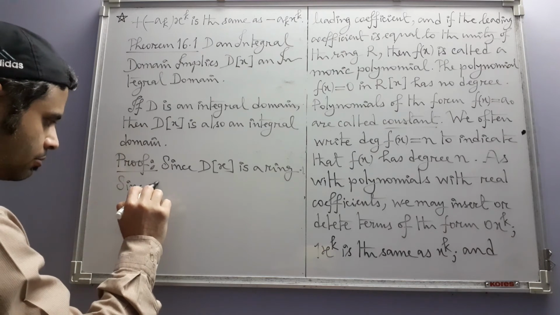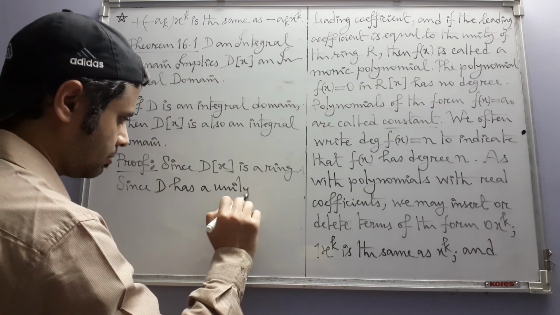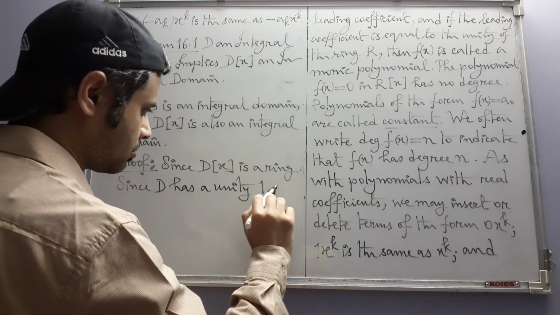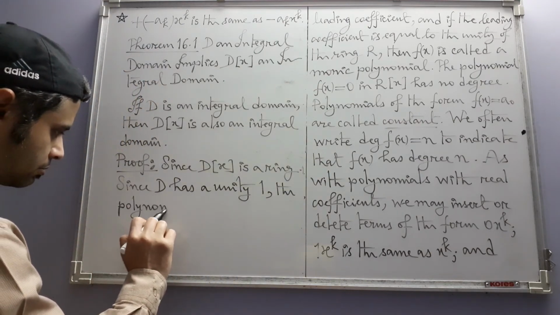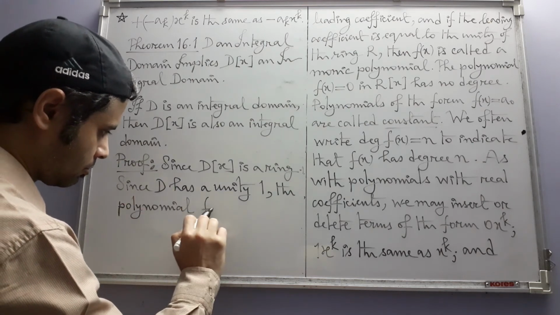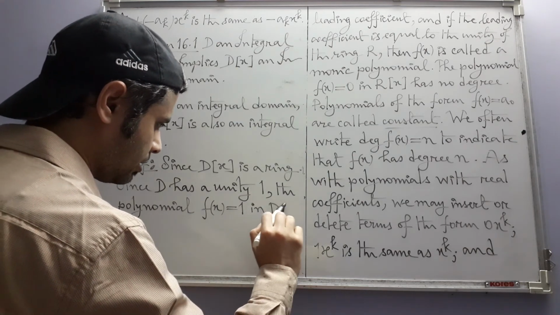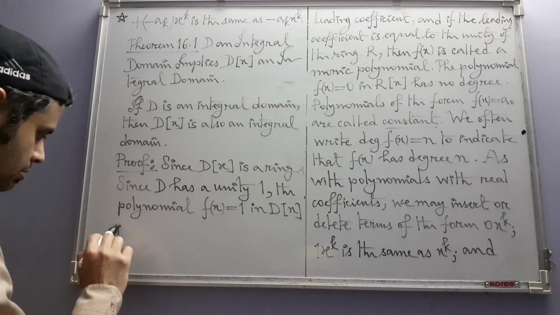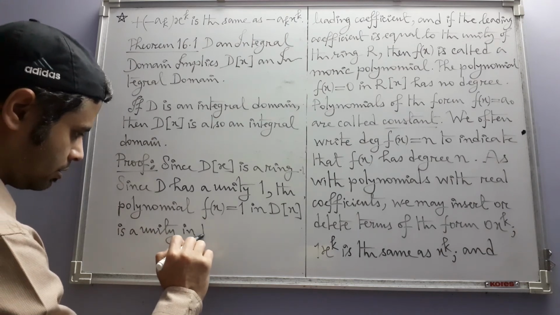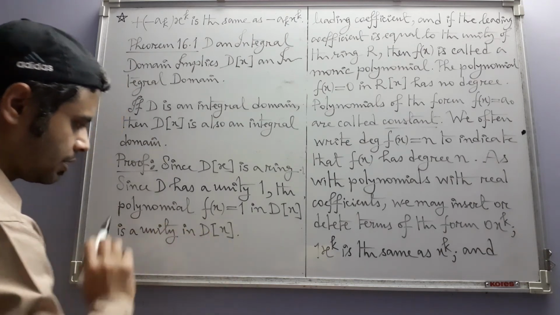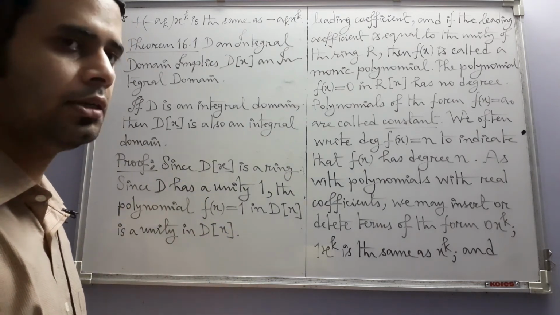Since D has a unity, the constant polynomial f(x) equal to 1 in D[x] is a unity in D[x], because if one multiplies this constant polynomial with any polynomial, one gets back that polynomial.